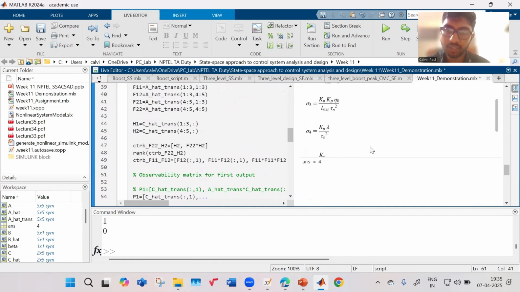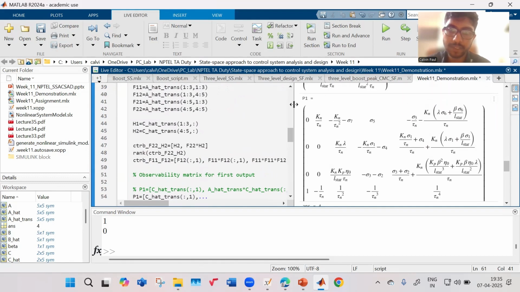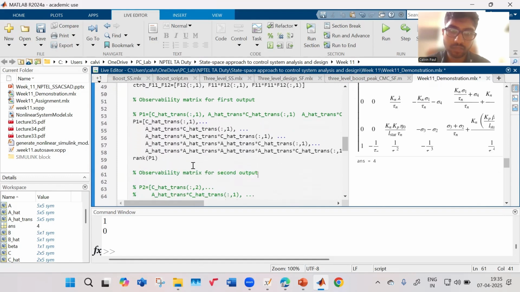And if we find the rank of P1, it comes out to be 4. So there was an issue. I was using the same thing and did not properly multiply. That was an error which was there.